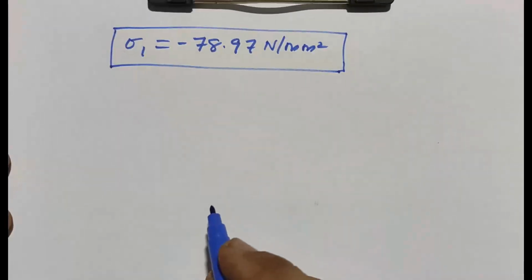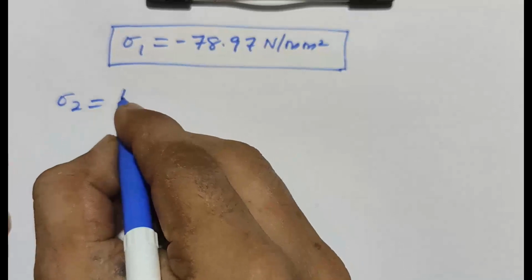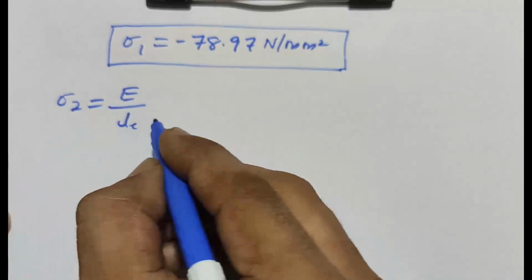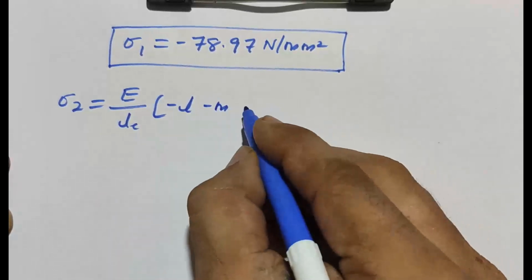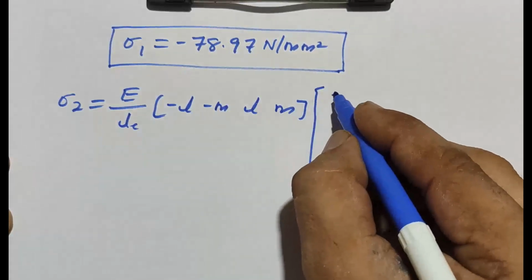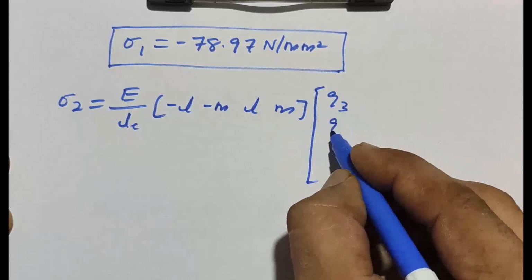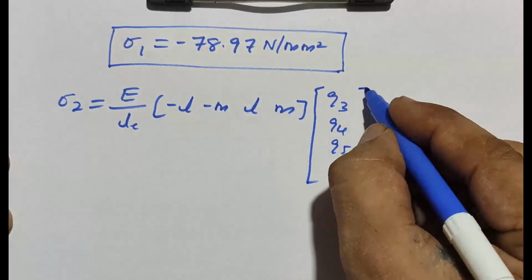Next we need stress in element 2, that is sigma 2 is E by LE into minus L minus M L M into Q3 Q4 Q5 Q6.